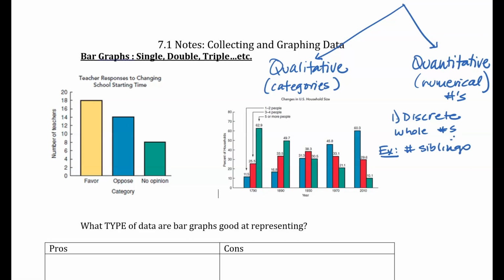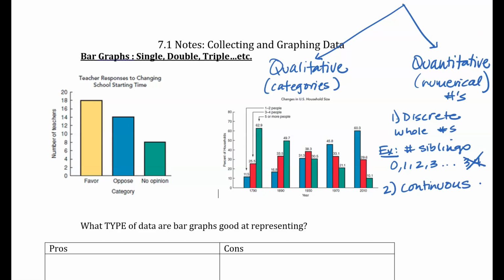They might answer 0, 1, 2, 3. They're going to give me a whole number. They would never say, I have 3.4 siblings, because that wouldn't make sense. So this is discrete data because there's a specific list of possibilities, and the numbers in between those numbers don't make any sense. The other type is what we call continuous.